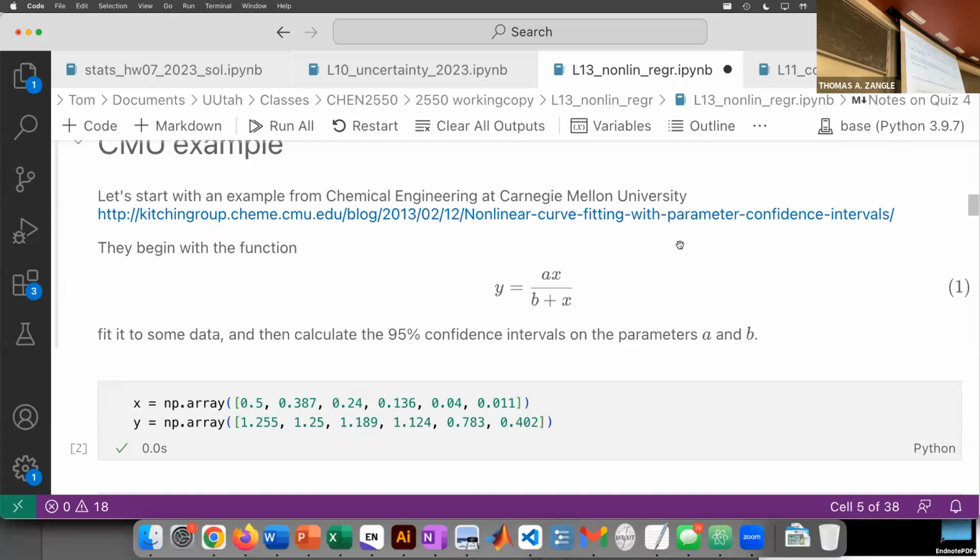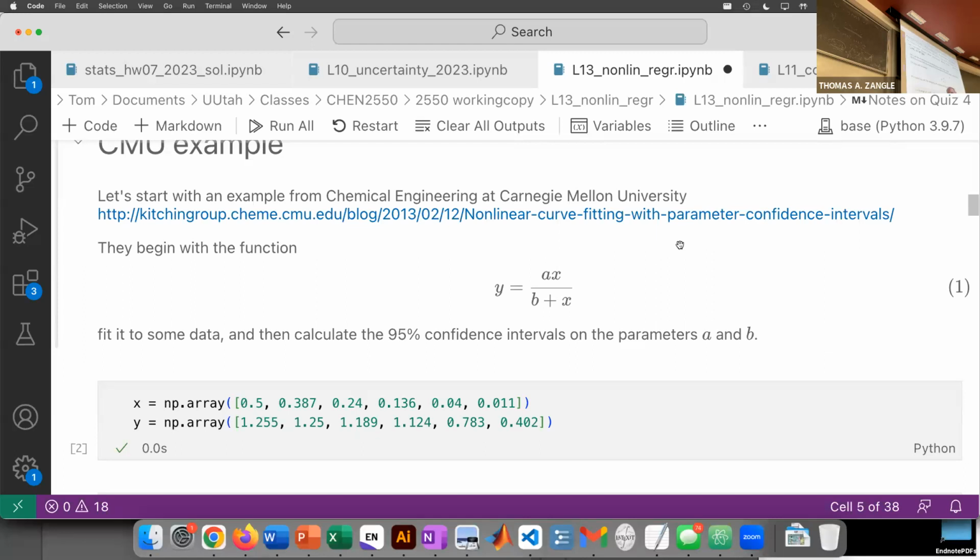In nonlinear regression, what we're saying is that we have some function relating, in this case, y to x, that's nonlinear, right? This is not a straight line, but it has unknown parameters. And so what we're going to do is take data for y and x and figure out what values of those parameters, in this case, a and b, best fit or minimize the error between our model and the actual data.